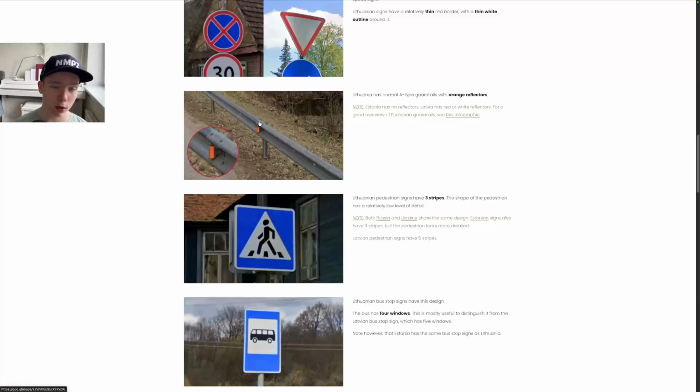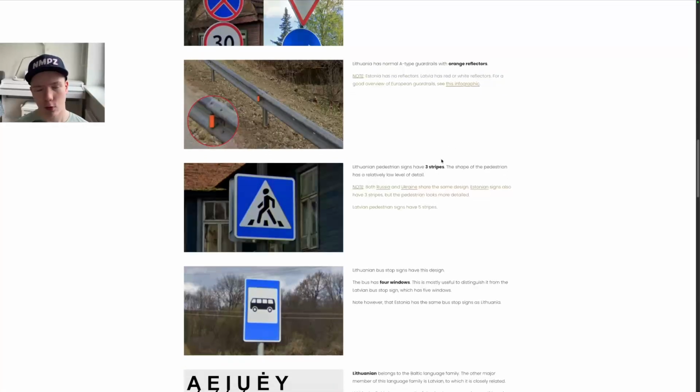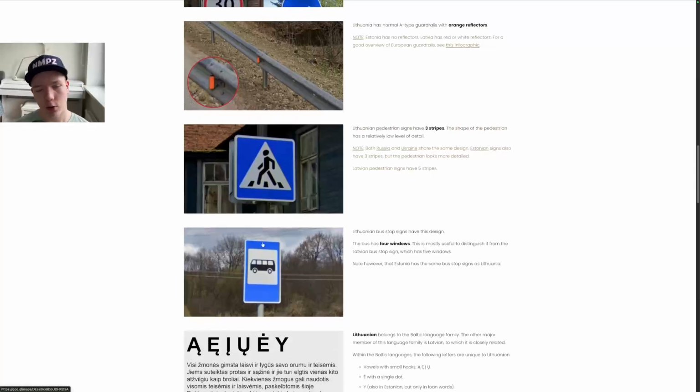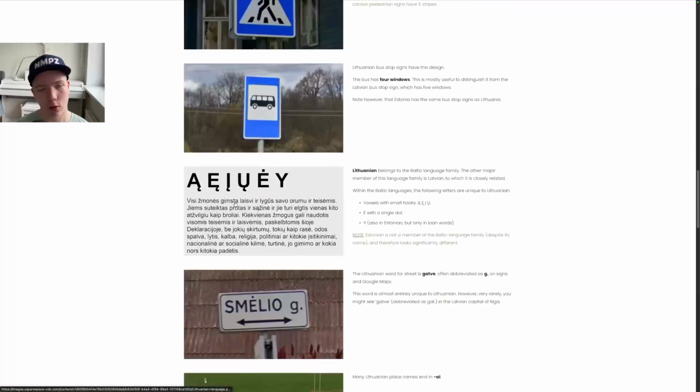That's, I think, quite easy to remember actually, because also the Lithuanian bollards sometimes have orange reflectors. And yeah, 3 stripes on the pedestrian sign, but the man walking here looks a bit different from the Estonian one. Bus stops, 4 windows on the bus, and these are the unique letters.